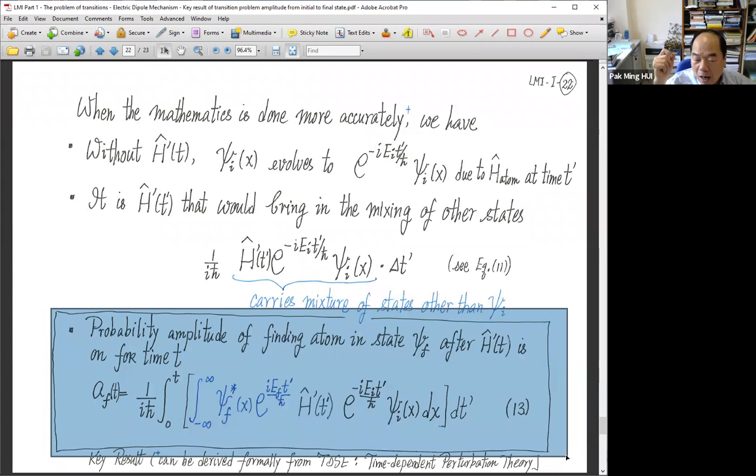The processes are absorption, where the initial state is lower and the final state is of higher energy. But the same equation, you also see stimulated emission, where the initial state is actually higher and the final state is actually of lower energy. It is all in one single equation, number 13.